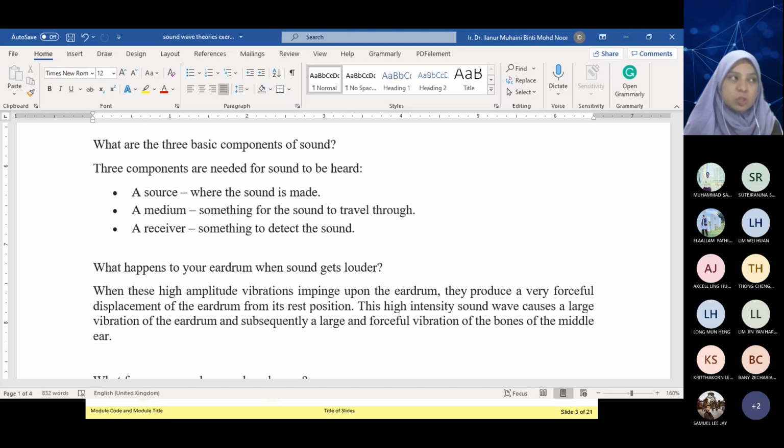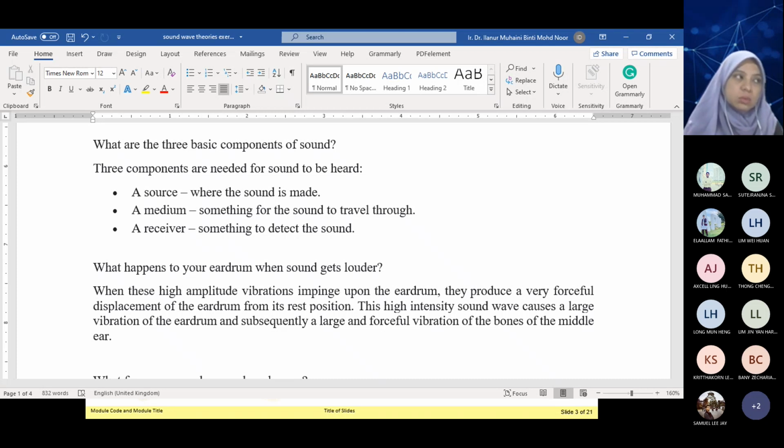Next is the medium, a medium for the sound to travel through. So travel through where? Through the air, through the wall. And a receiver, something to detect the sound. So receiver, for example, people have the ear, so ear is the receiver.